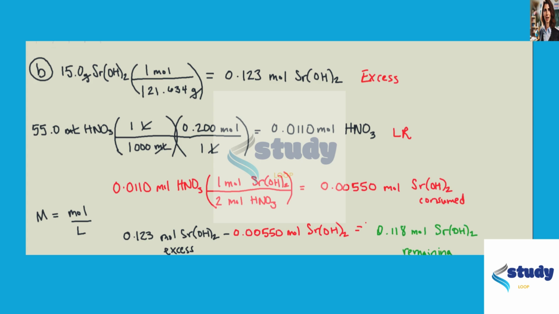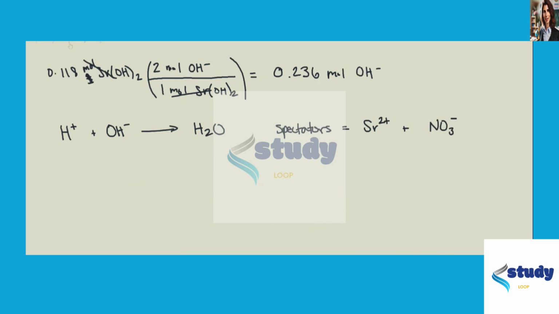They just spectated. So I had 0.123 moles of strontium hydroxide. Strontium is a 1-to-1 ion in this compound. The same thing is true of nitrate. It's a 1-to-1 ion in this compound. So we're going to have the same amount because it didn't participate, it didn't leave.